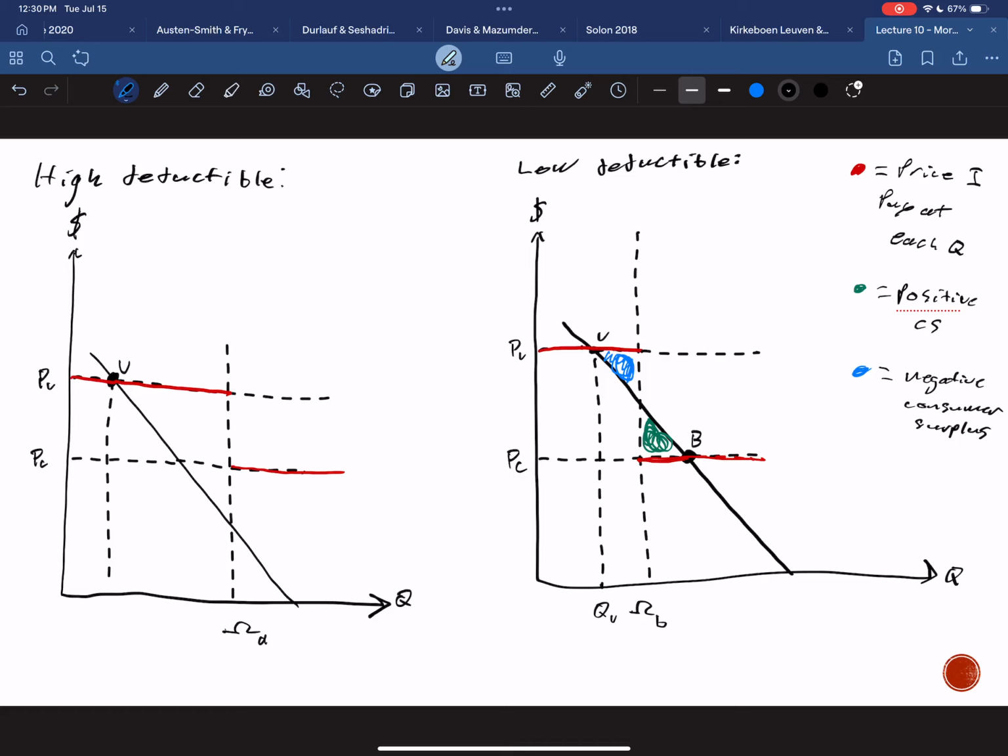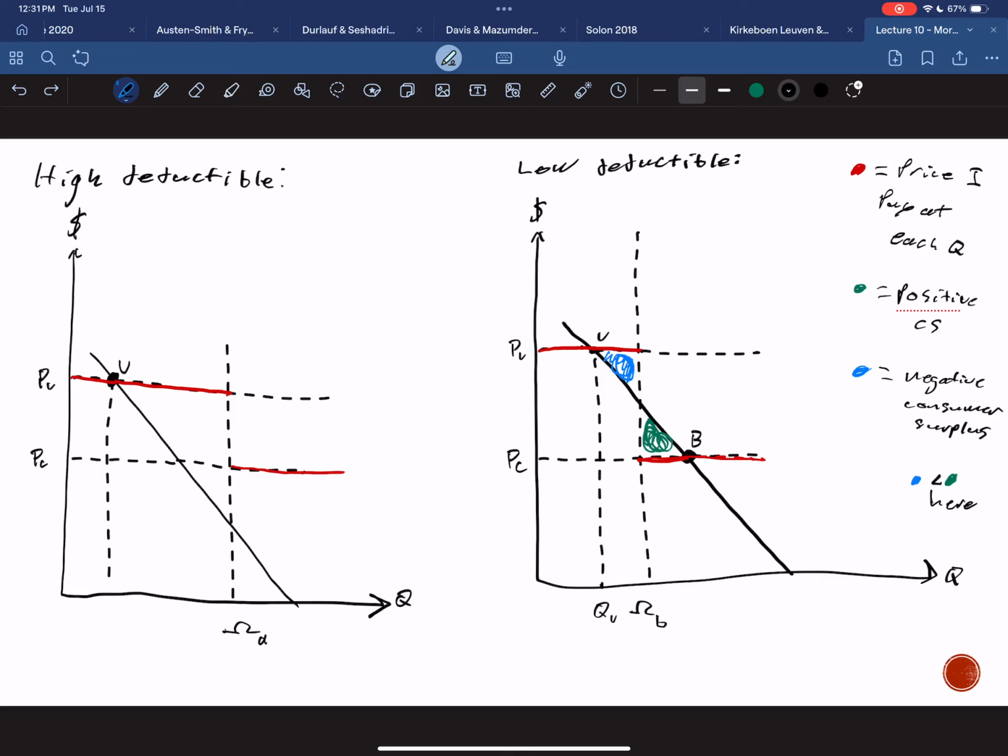Right? And in this case, the green triangle is greater than the blue triangle, right? So the blue area is less than the green area. So in this case, you get more positive consumer surplus than negative consumer surplus.